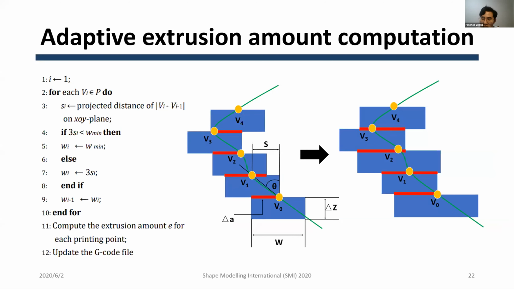In the algorithm, we keep the position of the sampling point unchanged and adjust the amount of extrusion simply by changing the line width.